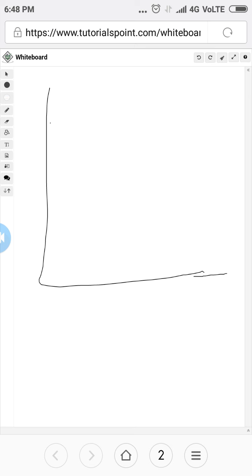We put vapor pressure on the y-axis and temperature on the x-axis.